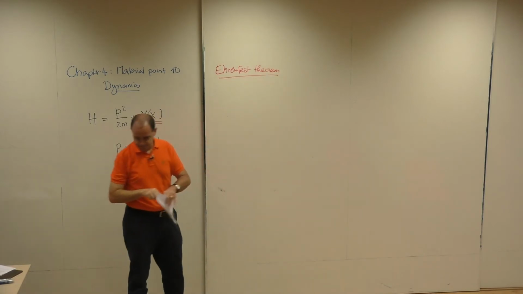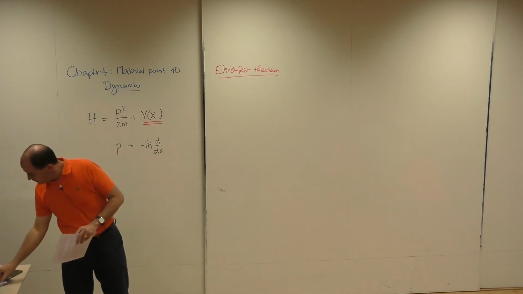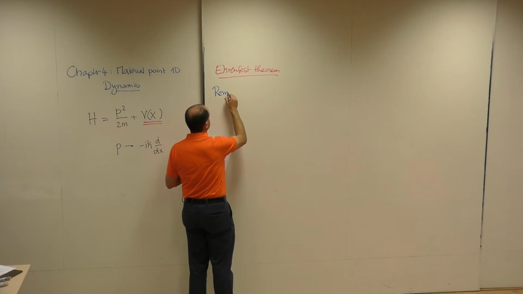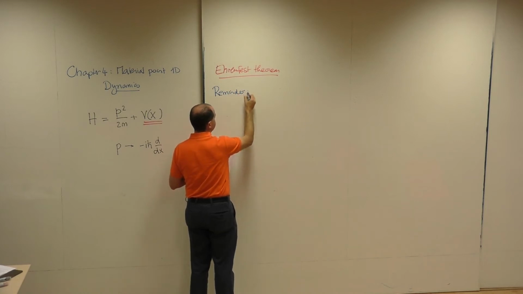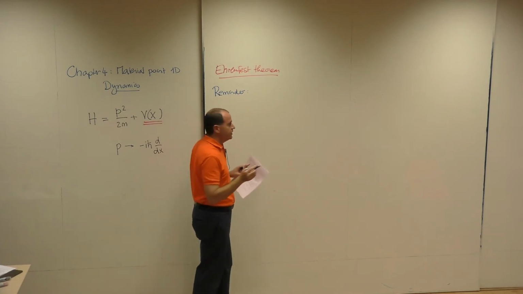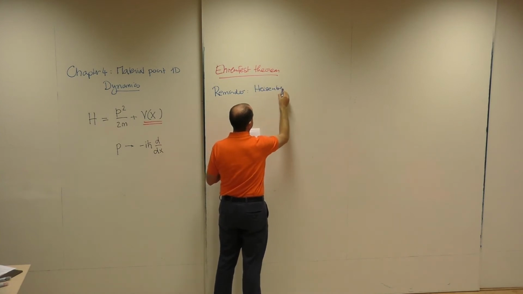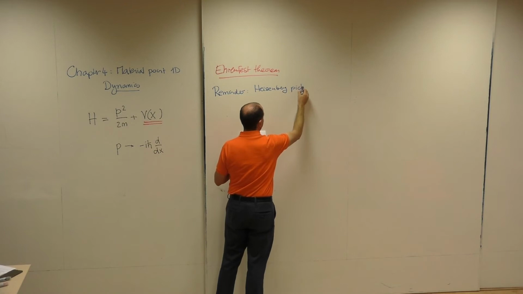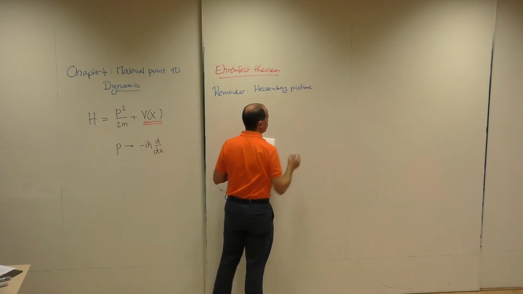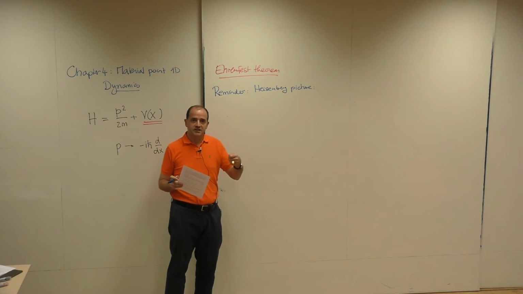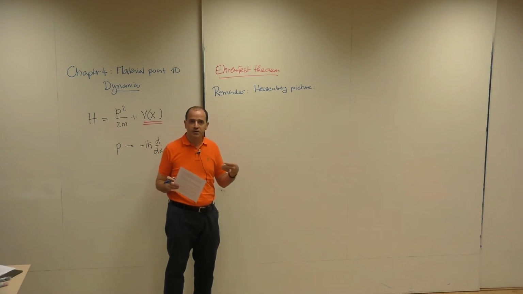So what is it? Well, a small reminder of something that I discussed at some point in chapter 2. It's called the Heisenberg picture. If you remember what it was, otherwise you look back at it, the Heisenberg picture is the fact that we normally look at the states as evolving and the operators being fixed.